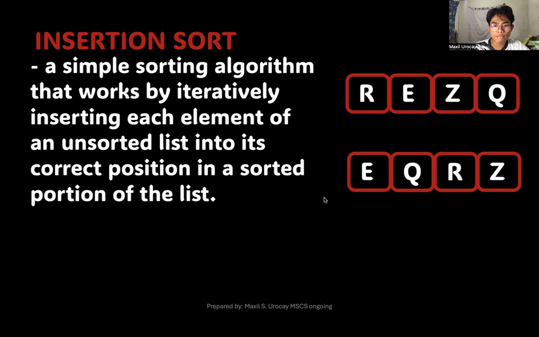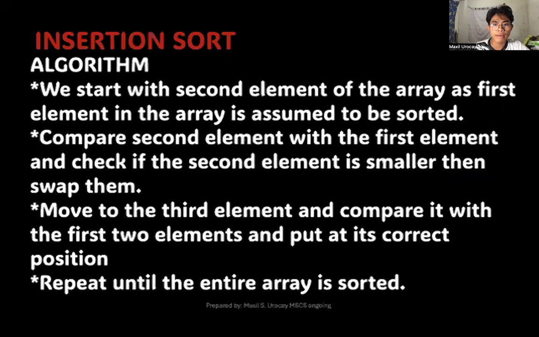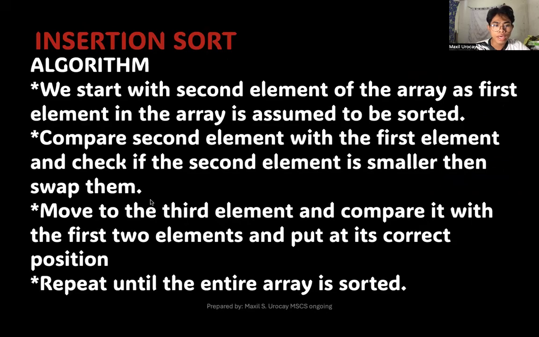The algorithm that we can follow in this particular sorting technique is, we start with the second element of the array, as the first element in the array is assumed to be part of the sorted portion already.